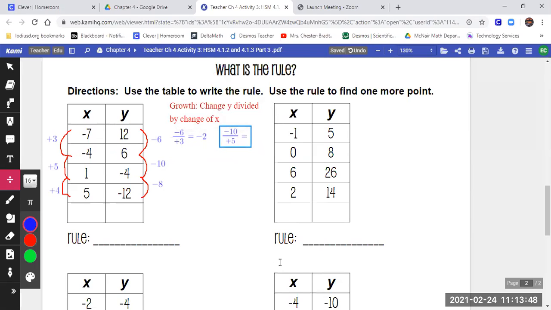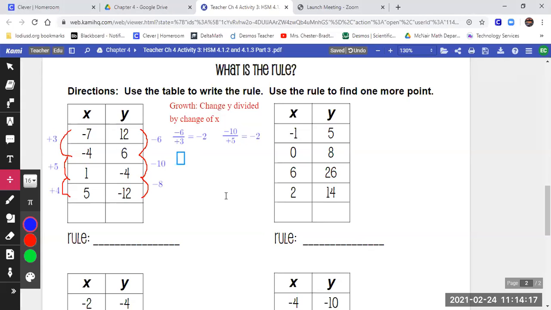If I do a -10 divided by a positive 5, what do I get? Do I again get negative 2? Yes, so negative 2.